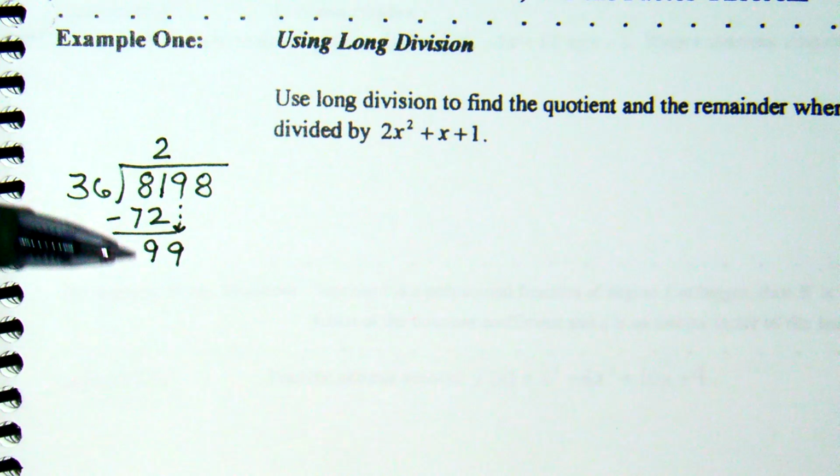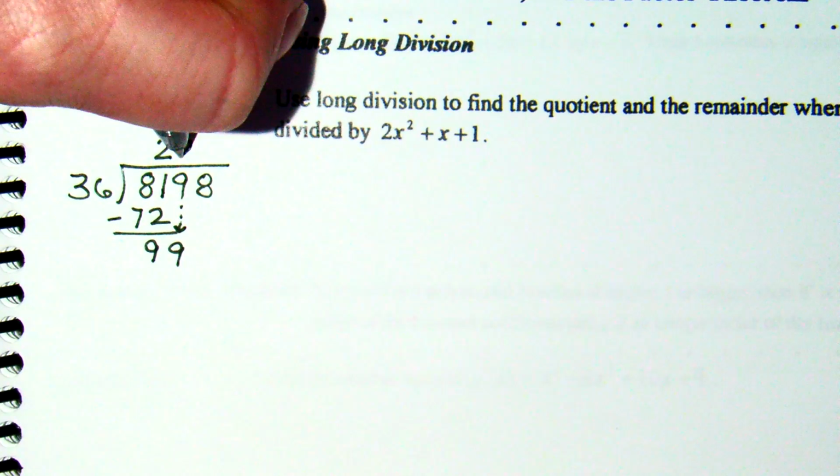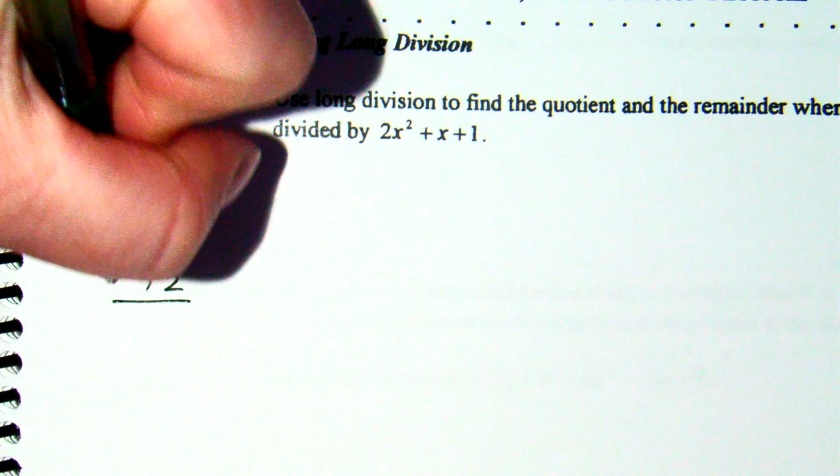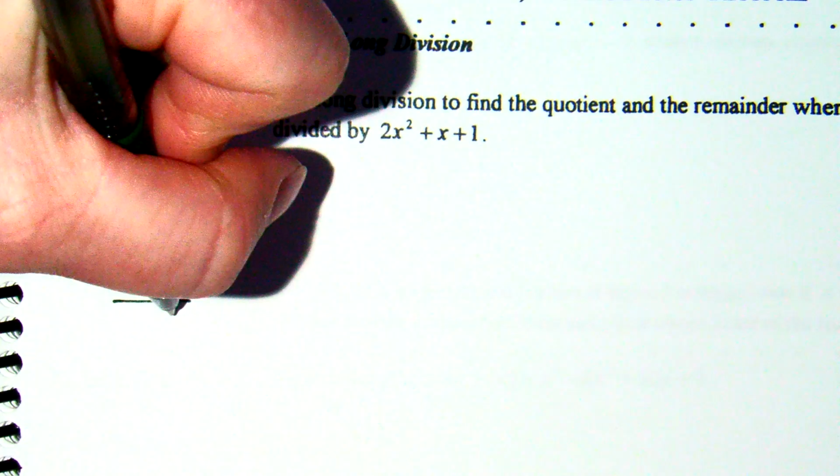If you're kind of thinking ahead and double checking, 3 36s is 108. So that doesn't work. So this is going to be 2. So now where do I put this 2? Above the 9. 2 times 36, 72. And again, we subtract. 9 minus 2 is 7. 9 minus 7 is 2.